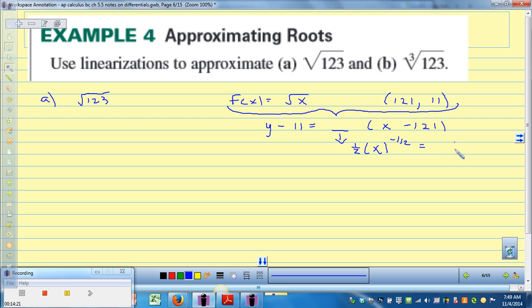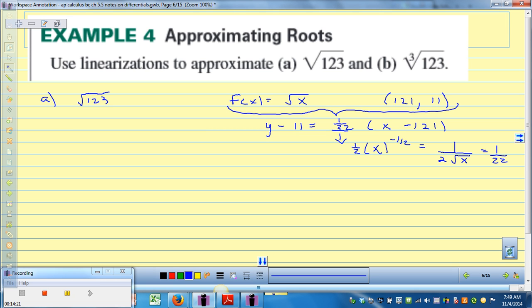This is 1 over 2 root x. And the point we're interested in is 121, 11, so what will this come out to be? 1 divided by 22. Nice. Everybody okay with that?